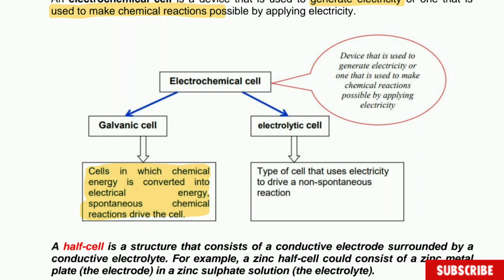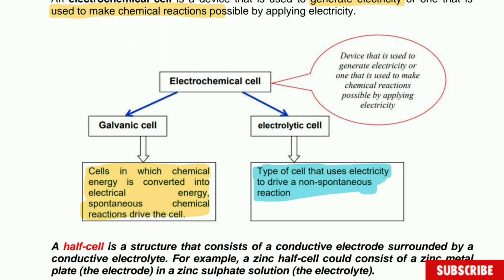The other type of electrochemical cell is the electrolytic cell. That is a type of cell that uses electricity to drive a non-spontaneous reaction. Guys, we're going to speak about this one later on. It is quite important as well and quite useful in life.